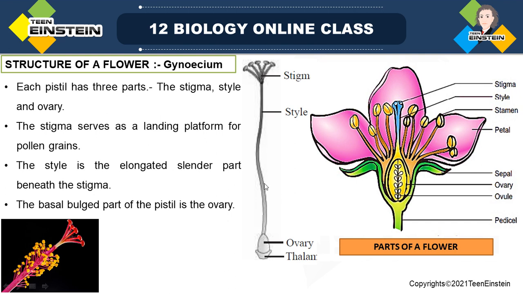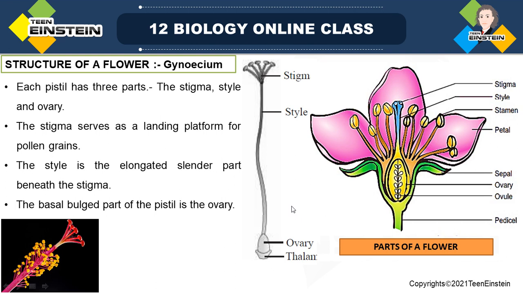This is the elongated and slender part beneath the stigma, below the stigma. Then see this here, the hibiscus one portion, this is the portion which I am talking about. And the basal bulged part of this pistil, that is the ovary. Here you can see the ovary, the basal bulged portion, that is the ovary.